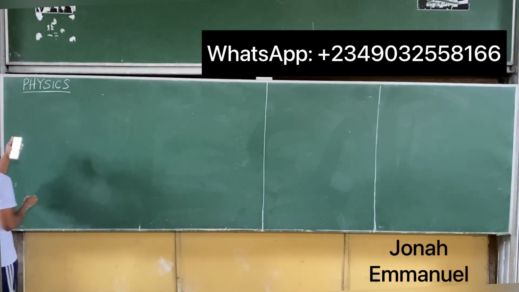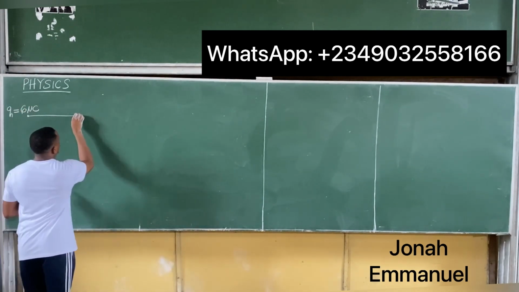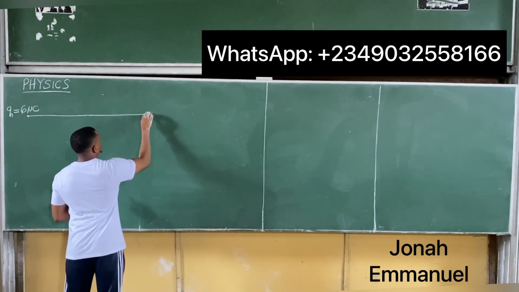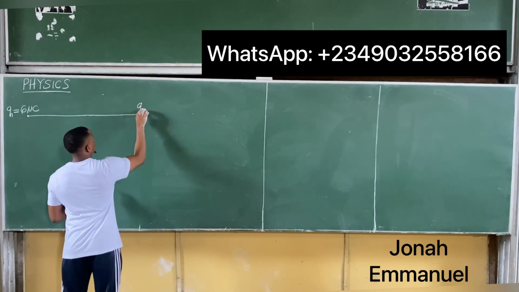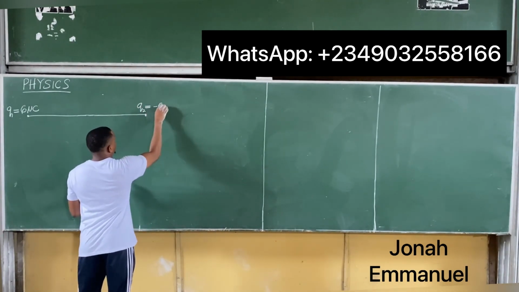So I have Q1 and Q2. My first task, choose a point, any point at all. Call this Q1. So Q1 is equal to 6 microcoulomb. From here up to another point here, let's call this Q2. So we said Q2 is equal to minus 6 microcoulomb.